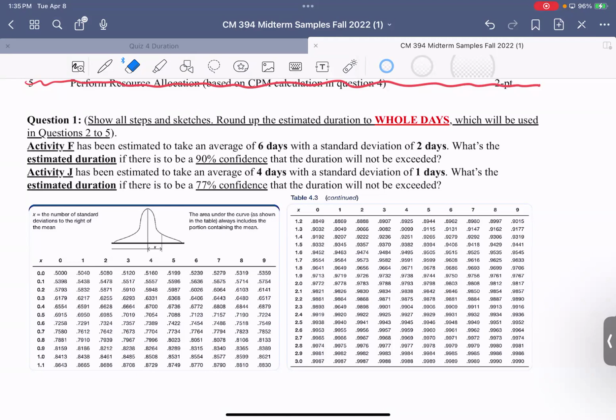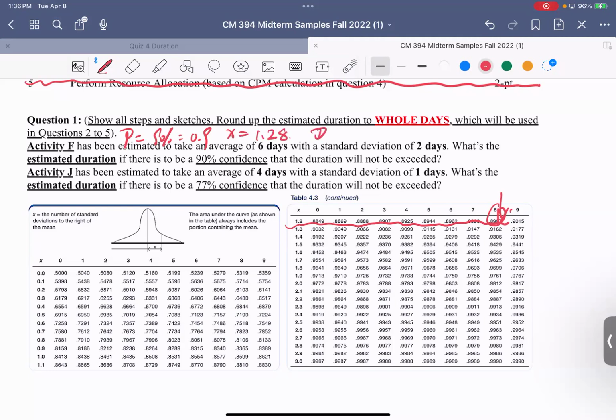So activity F has been estimated with an average of 6 days and a standard deviation of 2 days. What is the estimated duration if there is to be a 90% chance that the duration will not be exceeded? So we're given this, you have your P is 90 or 0.9. So you are going to find 0.9 in the table here. Is that correct? So you get X is equal to 1.28, right?